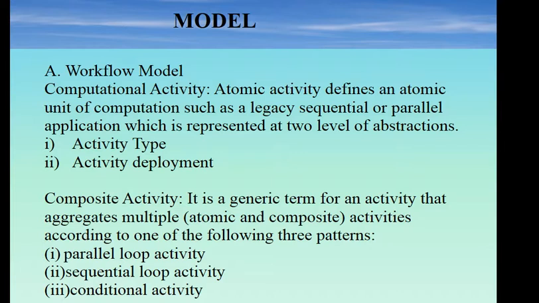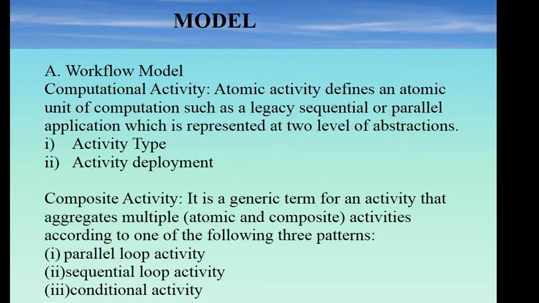Whereas the sequential loop activity defines repetitive computations with a possibly unknown number of iterations. Coming to the conditional, it is like a switch or if statement that activates one of its multiple successor activities based on the evaluation of Boolean conditions.